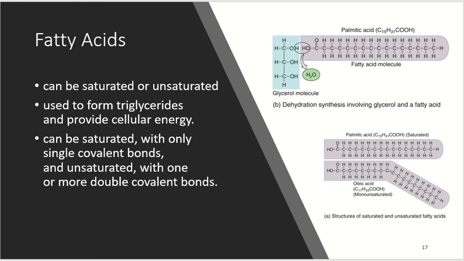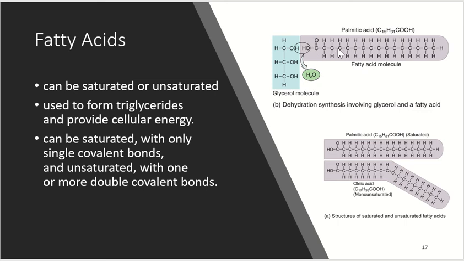Anyhow, these fatty acids are used to form triglycerides, and they also are going to provide a great source of cellular energy. So like I said, they can be saturated with only single covalent bonds between those carbons and those hydrogens.